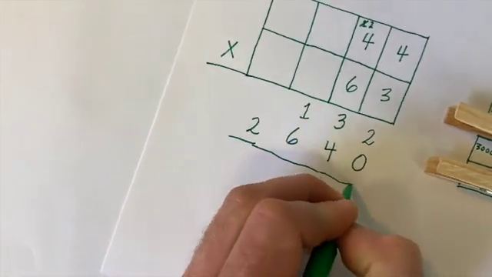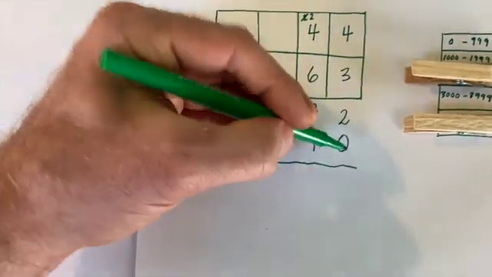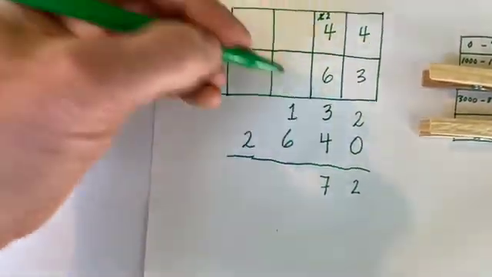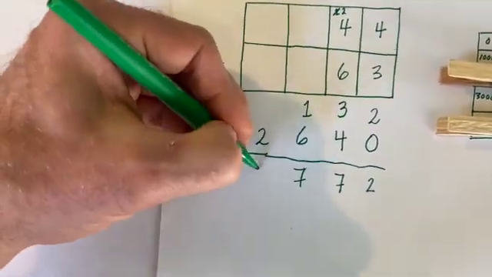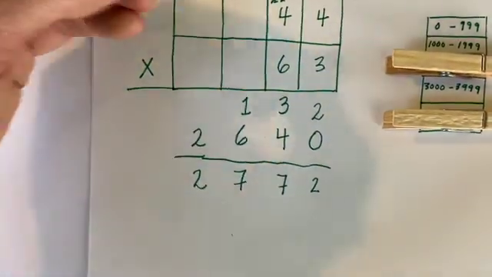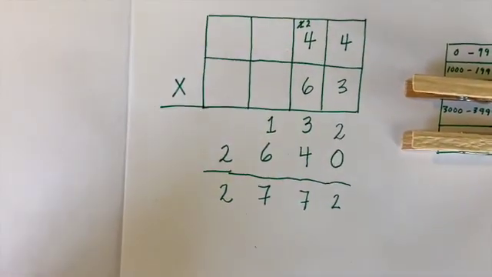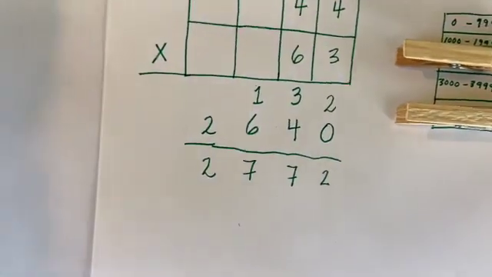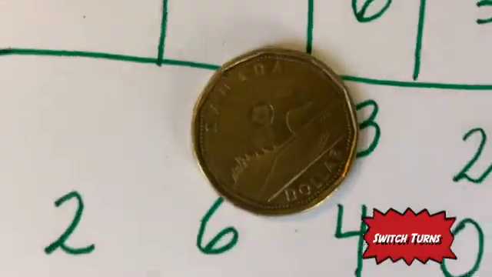So let's just make a sloppy line there, and I'll do my addition. 2 plus 0 is 2. 3 plus 4 is 7. 1 plus 6 is 7. And 2 plus 0 is 2. My answer, the product of 44 times 63, is 2,772. So player 1 collects a token. 1 token for player 1.